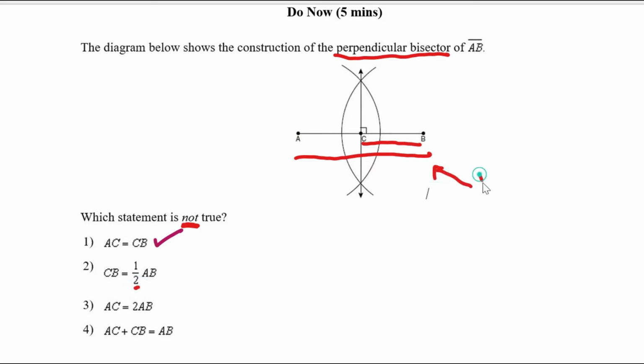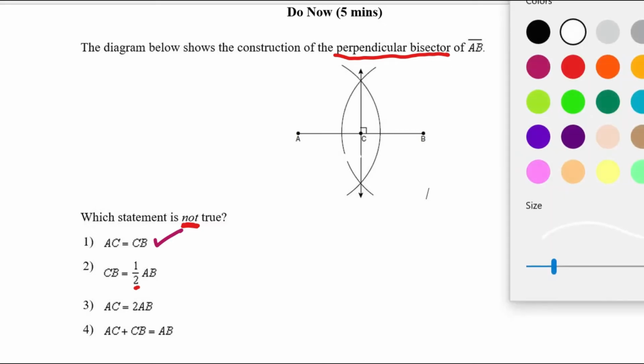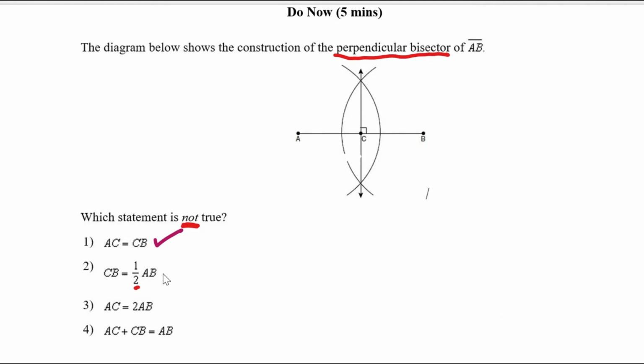They say a half of AB, meaning if it's half of the whole thing, you take away one half of it, which leaves you a half. So that's equal to each other. So that is true. If you didn't understand that concept, let me know and I'll explain it a little further. If they give you a full line, it's a half of that full line. So 2 is true.